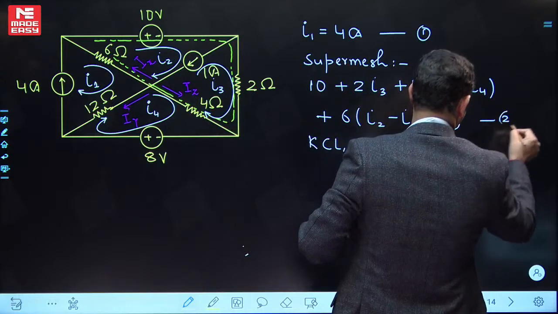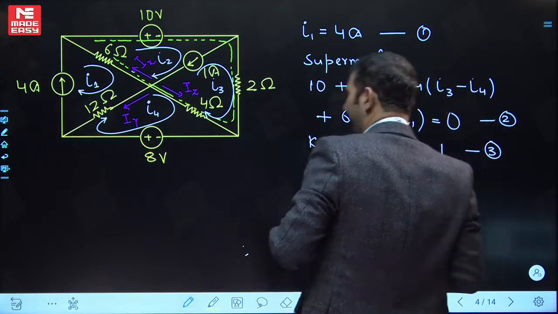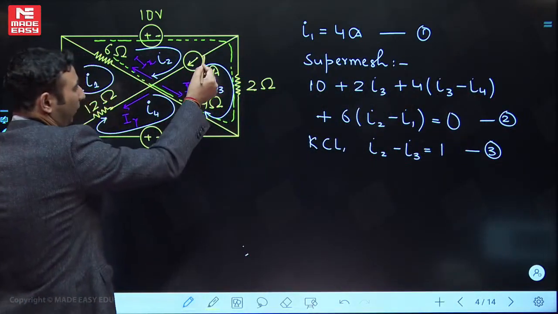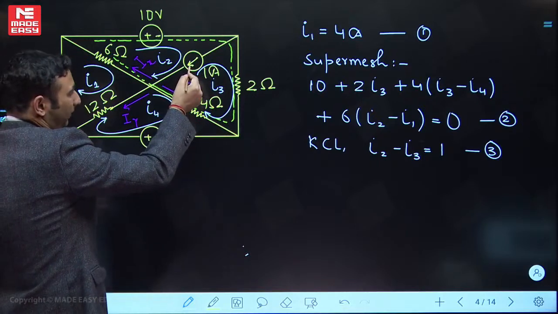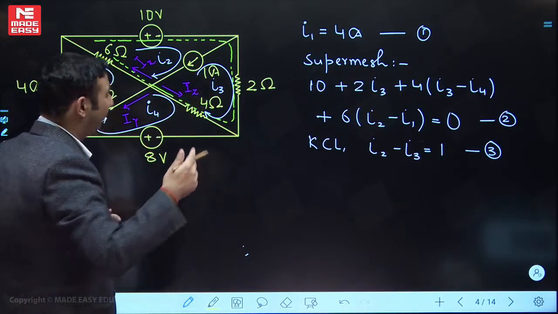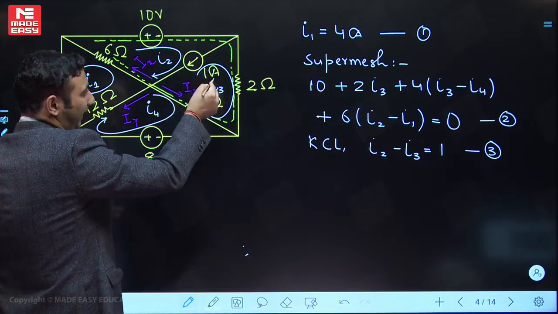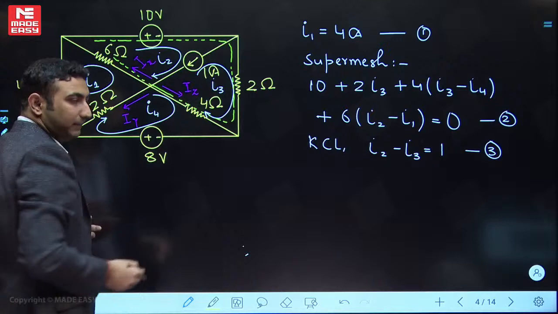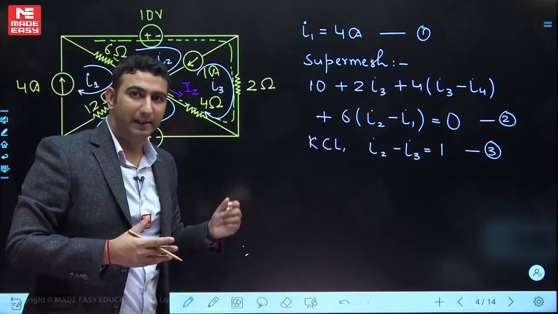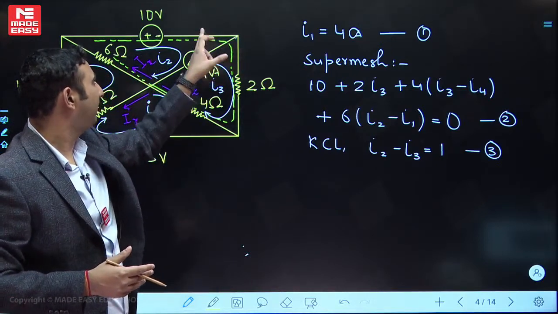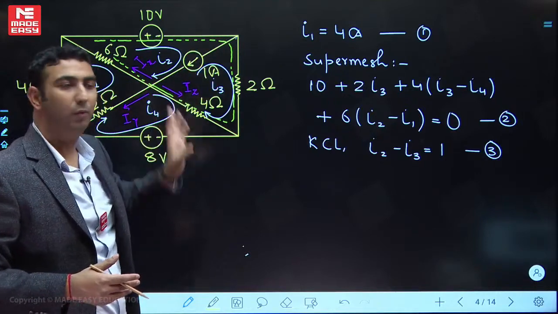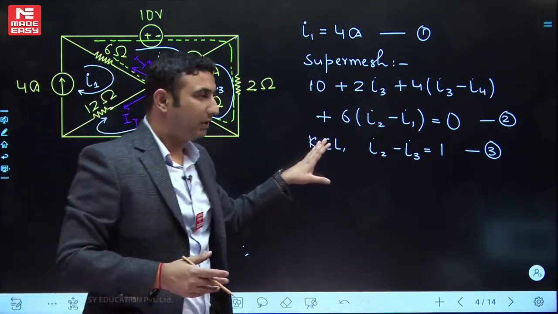Equation number three. Because you see, one is in the downward direction and one is the resultant of currents I2 and I3. If it is in the downward direction, it means I2 must be greater than I3 and the difference should be equal to 1. So that is what we wrote here, or if you apply the KCL at this point, you will also get I2 minus I3 equal to 1. Three equations have come.